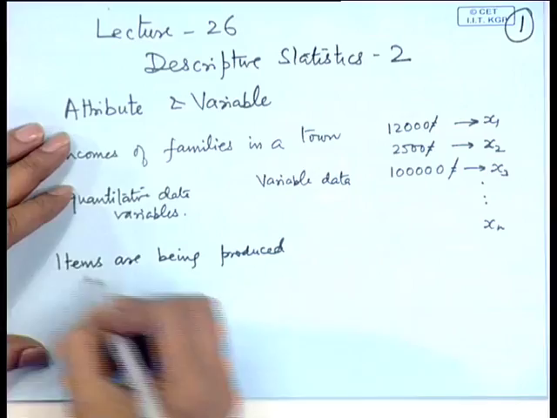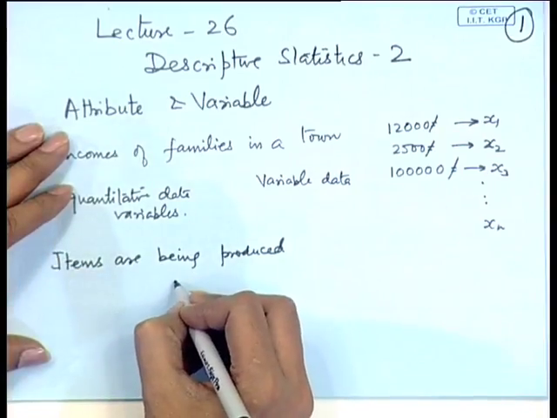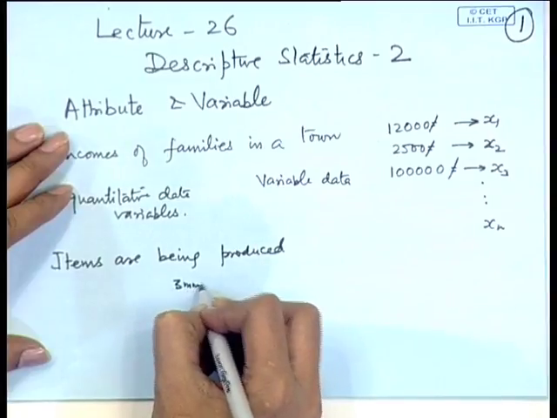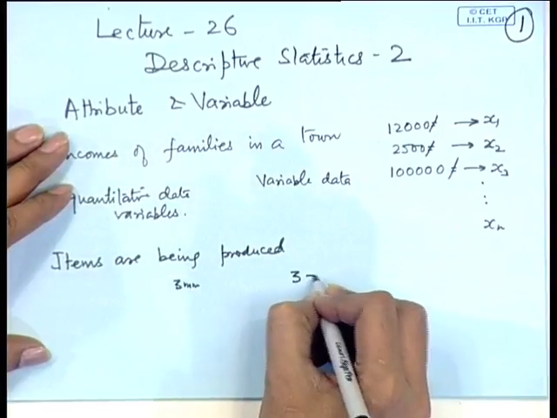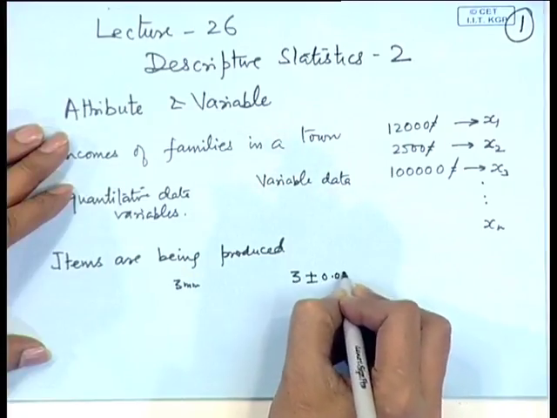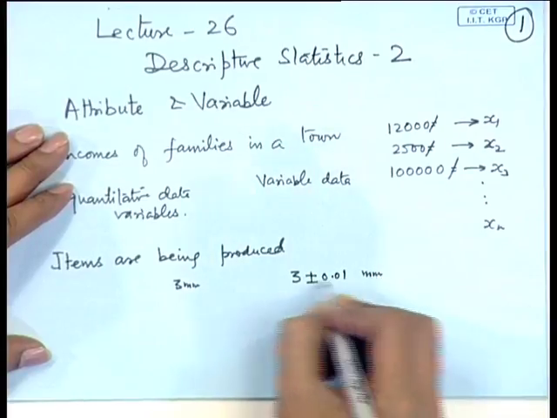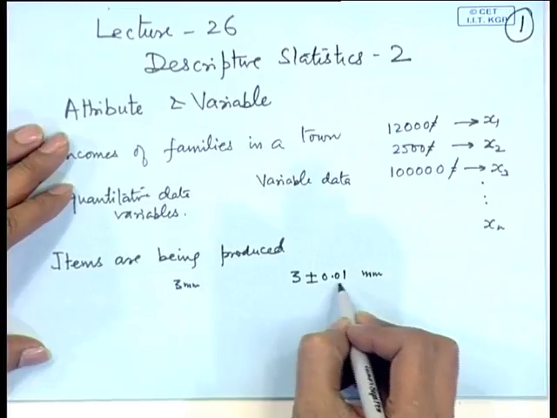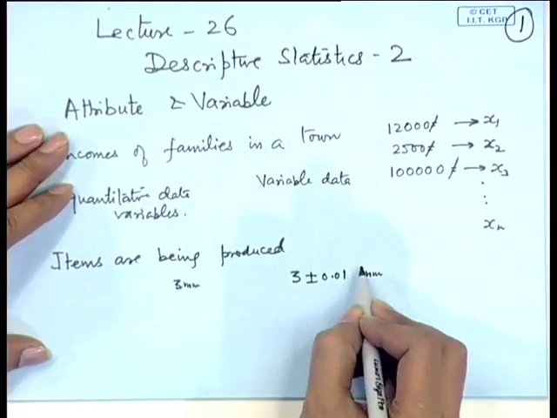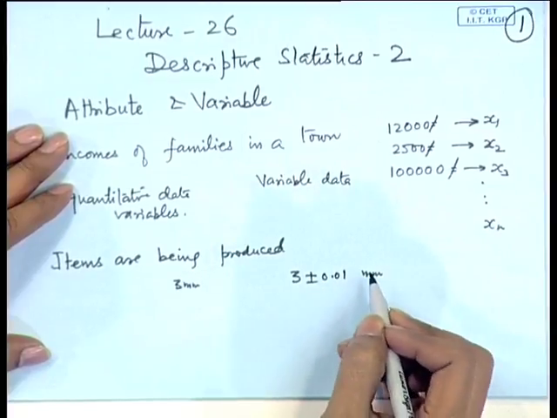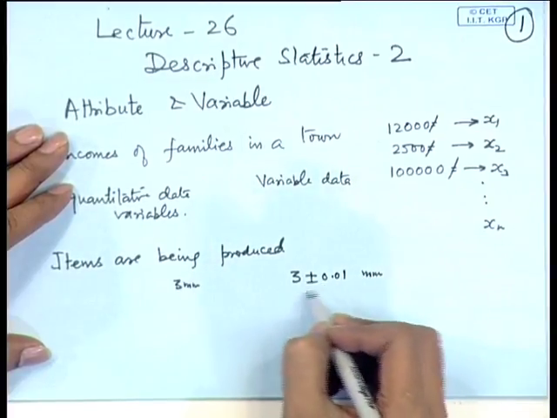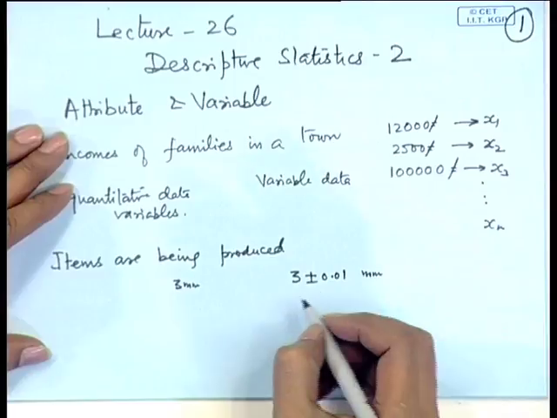For example, if the average diameter is say 3 mm and we may specify the limits as 3 plus minus 0.01 mm. So, if a bolt produced has a diameter between 2.99 mm to 3.01 mm, it is considered to be all right, otherwise it is said to be defective.